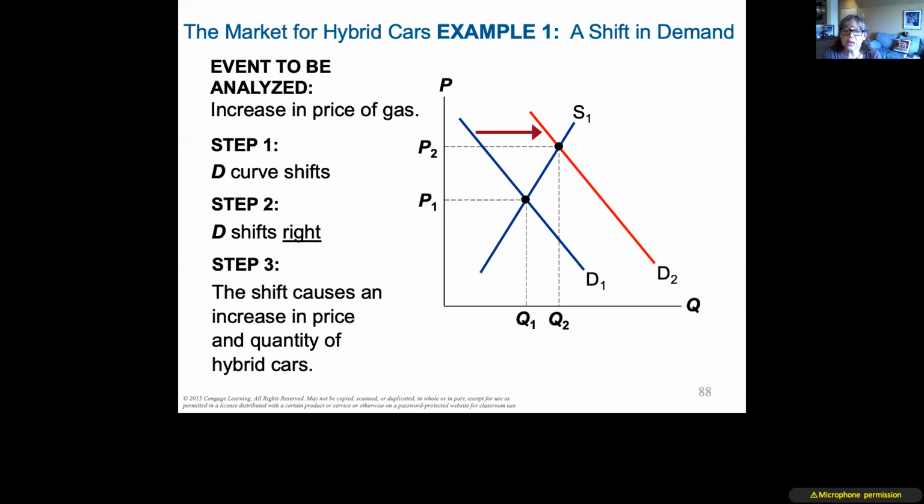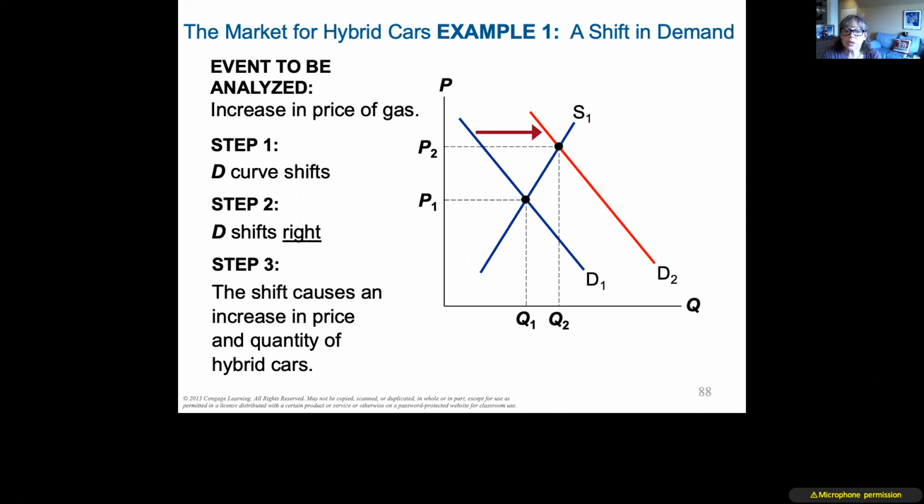So as the demand shifts outward, there's a new demand curve in red. This now, when we look at the graph, means that we end up with a new price and a new quantity. How do we figure it out? X marks the spot. Nothing happened to the supply curve because the price of gas just made consumers want more. It didn't necessarily mean the producers were producing more.